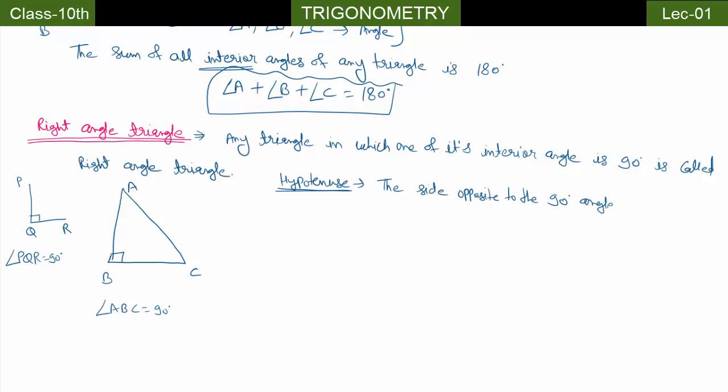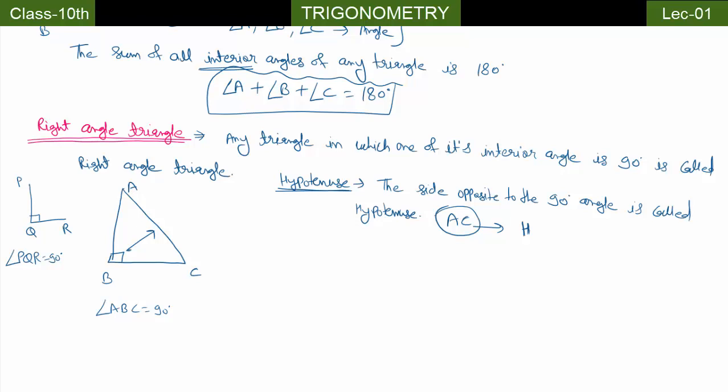The side opposite to the 90-degree angle is called the hypotenuse. Here in this triangle, which one is the hypotenuse? This is my 90-degree angle, so the side opposite to it is AC. So in this triangle AC is the hypotenuse, and symbolically we will represent it by H. H stands for hypotenuse.